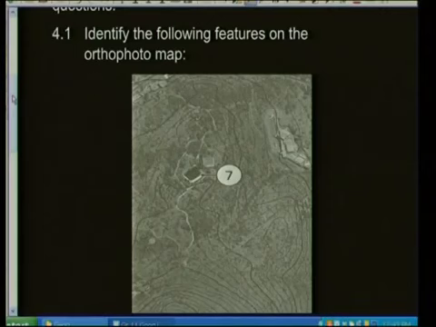I can use a river, I can use a railway line, I can use the shape of an urban area, but as long as I know where these places are, it will make a lot of sense to me. I want to show you something here. We're taking this feature on the photograph. We don't know what it is.